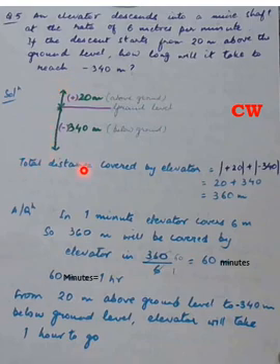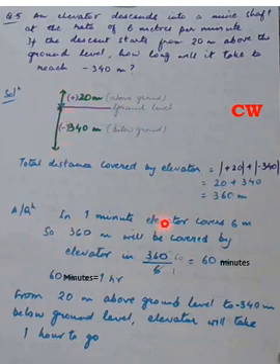So what is the total distance covered? Here we will be considering the absolute values of integers. Remember, absolute value has no sign. It only considers the value. So the absolute value of plus 20 and the absolute value of minus 340 will be 20 plus 340, that is 360 meters. So the elevator is actually covering a distance of 360 meters.